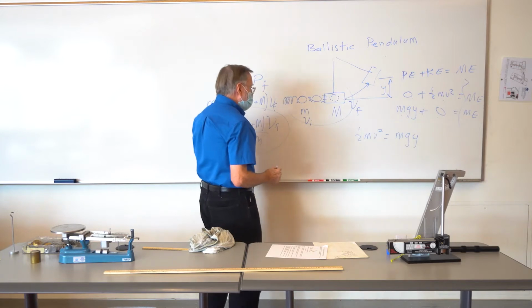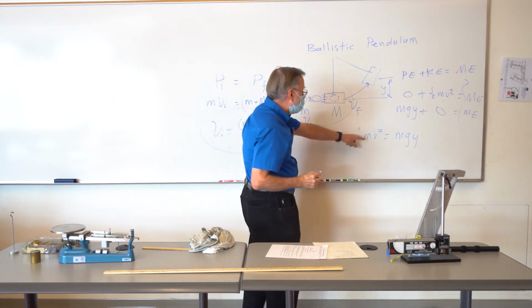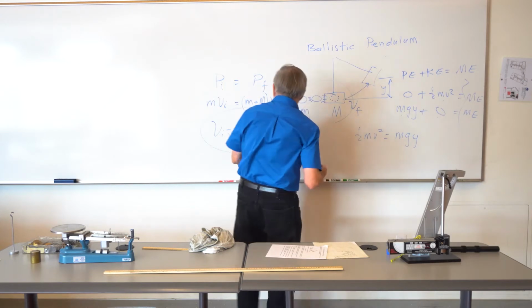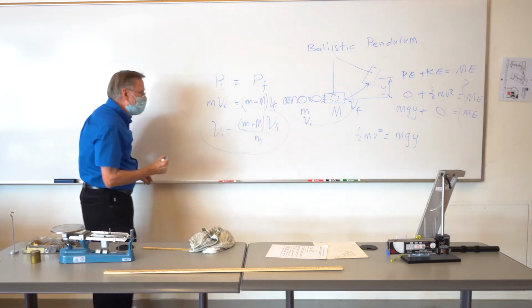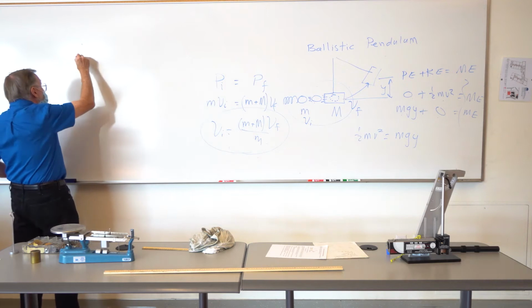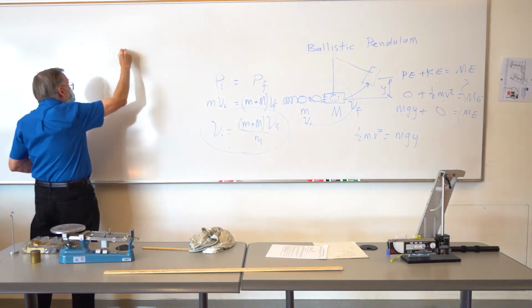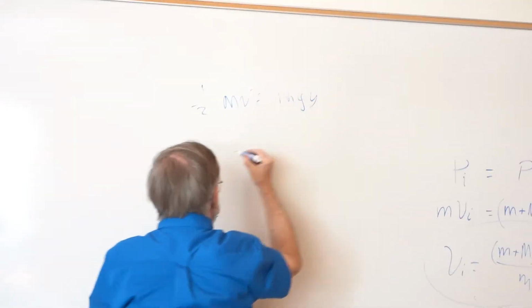But let's be a little careful here. What is the m in this expression? It's the pendulum plus the ball together. So I'm going to come over here a little bit. 1/2 mv squared equals mgy. Well, what's the m?